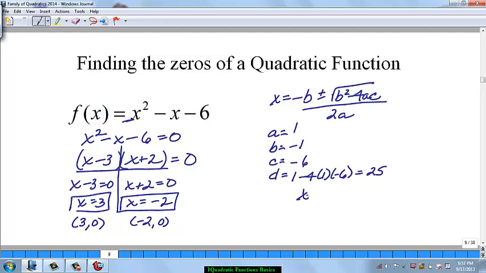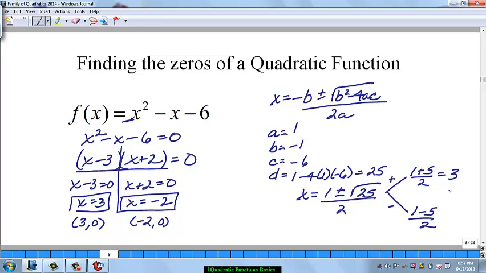So I got x equals negative b, so it's 1, plus or minus radical 25, all over 2 times 1, or 2a. This will split up to 1 plus 5 over 2, 1 minus 5 over 2, because we have 2 roots, got to do the plus minus. So this is 6 over 2, or 3, and this is negative 4 over 2 or negative 2. So we get the same roots doing it either way.